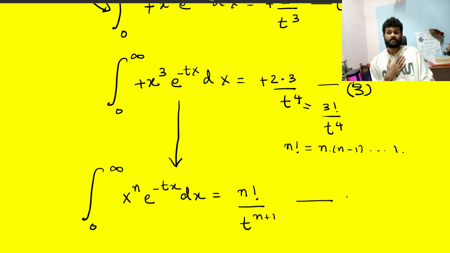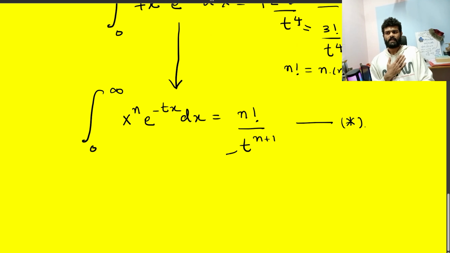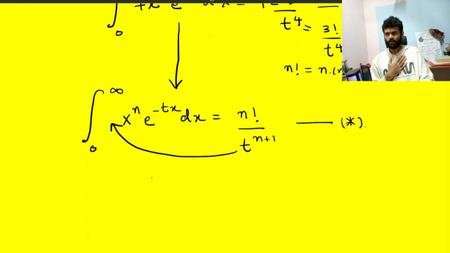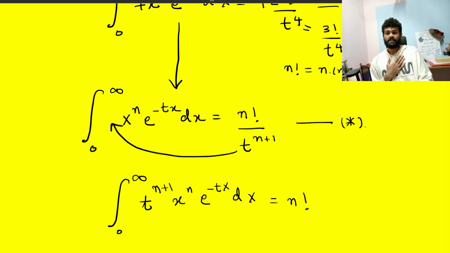Now, this is pretty interesting because I can take the t to the power n plus 1 and bring it to the left hand side, inside the integral, which gives integral of t to the power n plus 1 x to the power n e to the power minus tx dx is n factorial. That's pretty interesting.